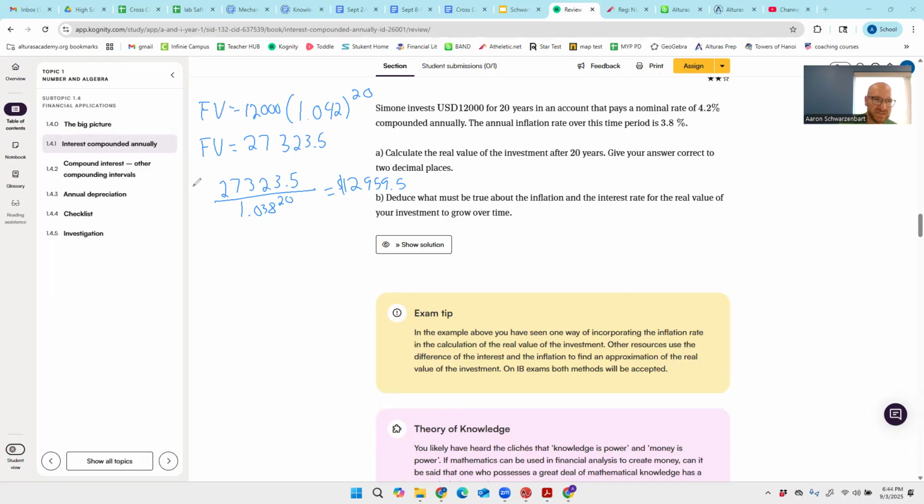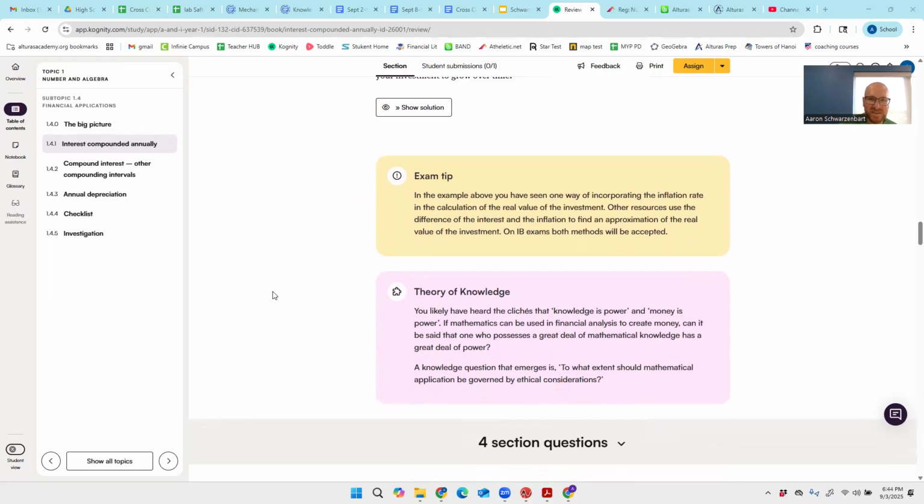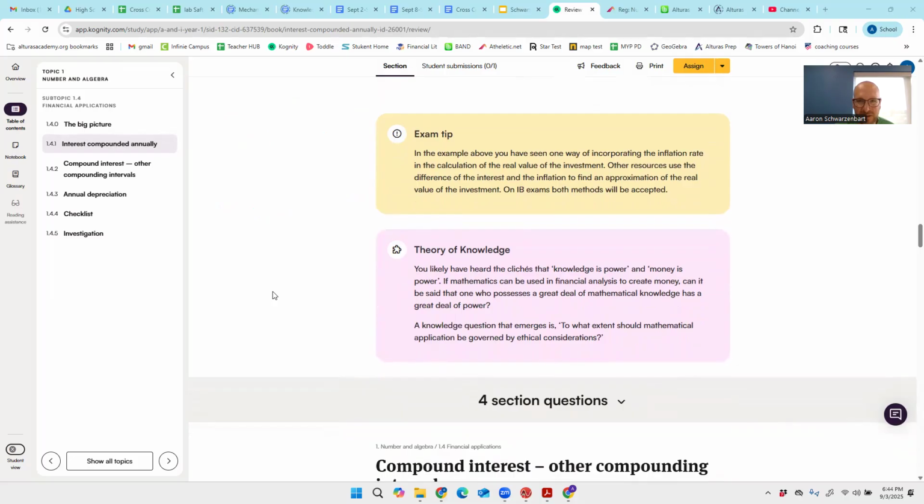Okay, quick exam tip. In the example above, you may have seen one way of incorporating inflation rate in the calculation of real value of investment. Other resources use difference of interest and inflation to find the approximation for real value of the investment.